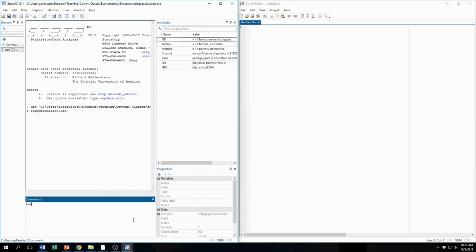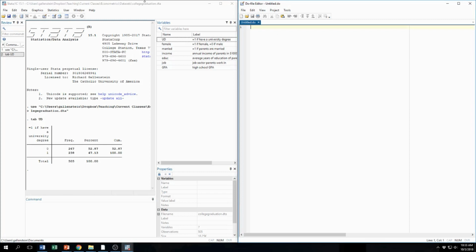I'm just going to do tab UD, all right? So it is a binary variable. There's 505 total observations in my data set. 267 of them are 0. That means 267 people don't have university degrees in my data set, and 238 people do have university degrees. All right, so here is a binary variable. It takes values of 0 and 1.